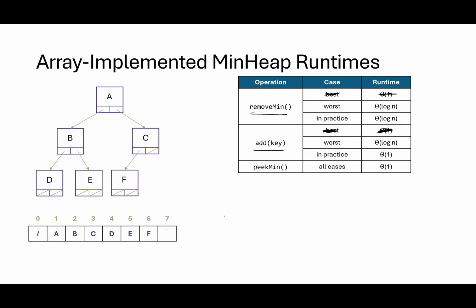I know that I have to add here because I know the size of the array. After add, we do bubble up. So how do I bubble up? I know that 7 has to compare with 3 because 3 is the parent, right? So compare here, do bubble up, fine. 3 has to compare with 1, bubble up. So you see, I'm jumping from index to index and still keeping this log n, right?